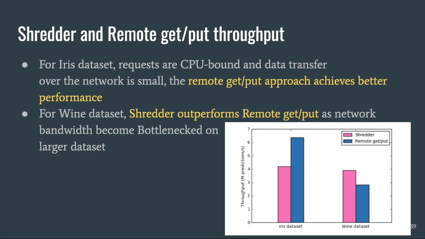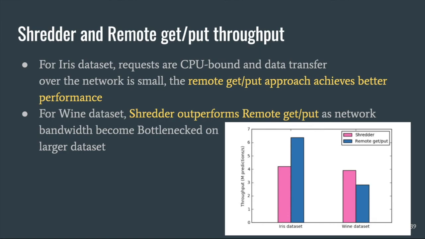For the Iris dataset, with small models of 72 bytes, the remote get put approach achieves higher throughput than Shredder. This shows the case in which the benefits of Shredder cannot outweigh the disadvantage, because inference is computed in C++ code at the client, whereas on Shredder, inference is implemented as a JavaScript storage function.